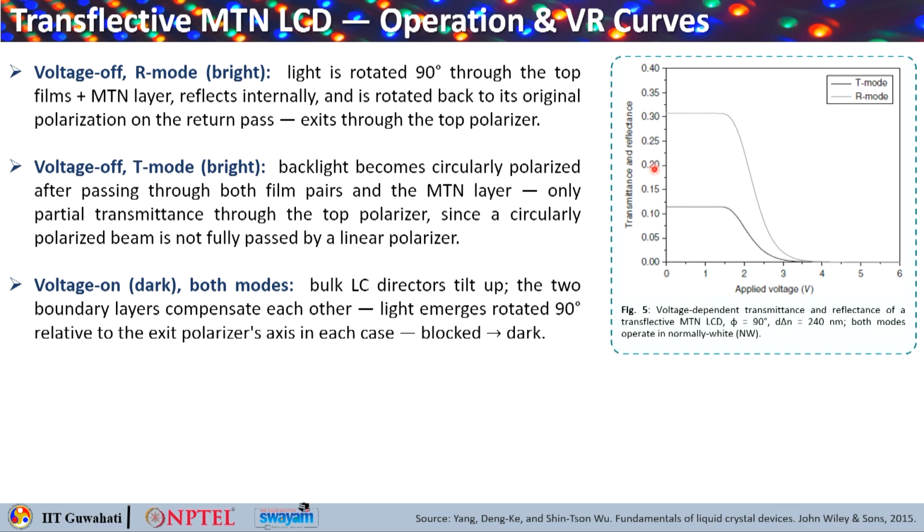So this is the voltage-dependent transmittance and reflection of a transflective MTN LCD, where phi is 90 degrees and d delta n is considered to be 240 nanometers, and you see that both modes operate in the normally white case.